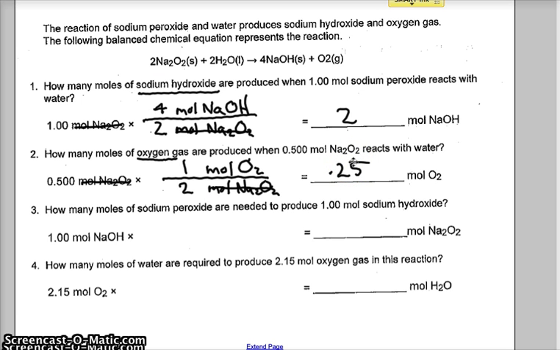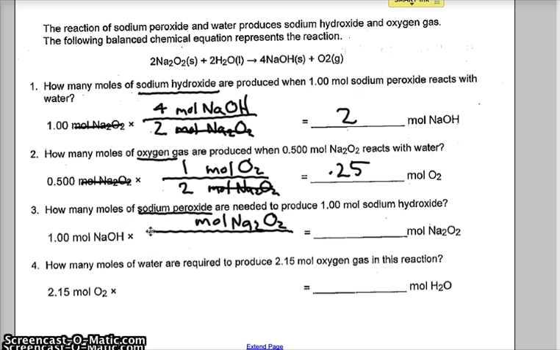So number 3, we want to know how many moles of sodium peroxide are needed, and that's Na2O2. So we start with the unit that they give us, and they've already done that in these equations. They put the 1 mole of NaOH. So we put our mole of sodium peroxide, which is Na2O2, on top, because that's the unit that we want to end up with.